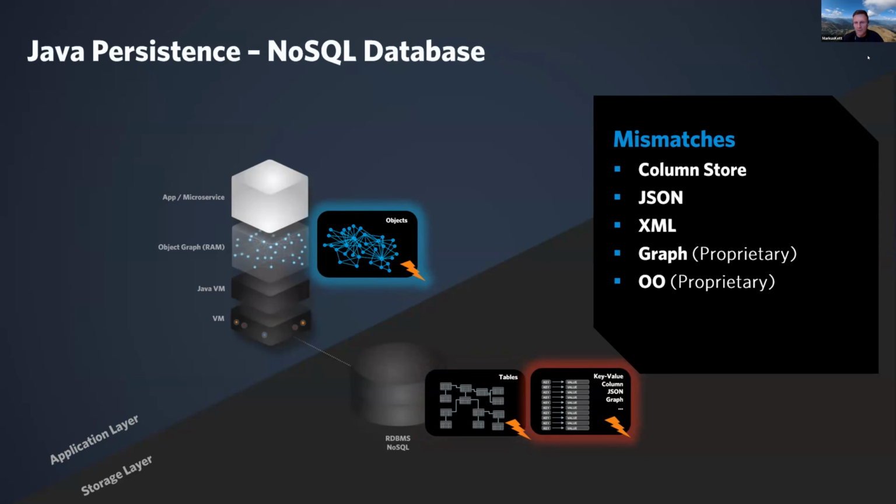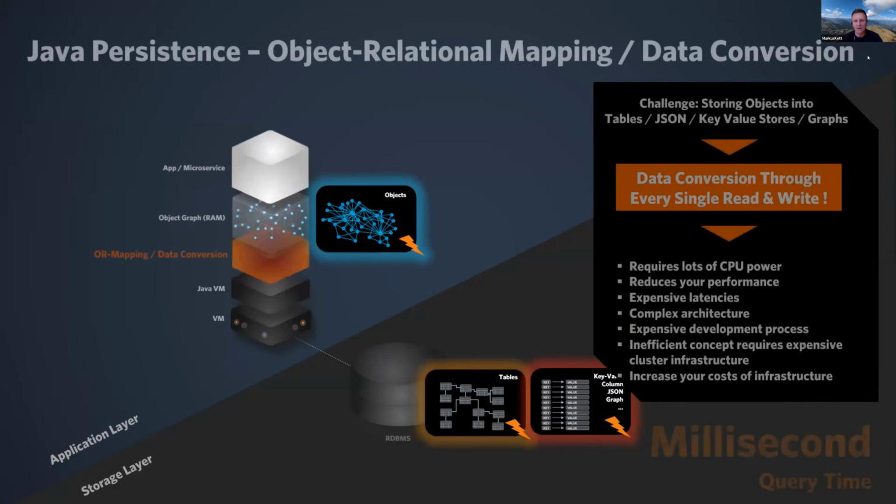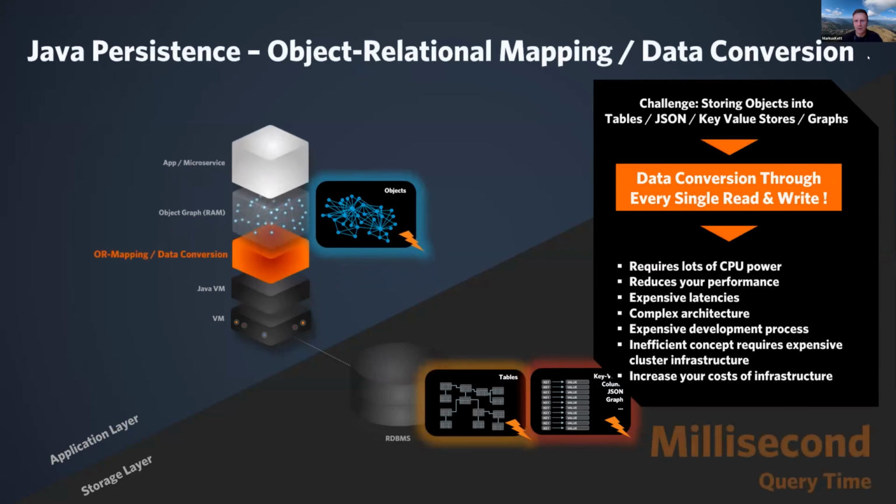And now we have the vector databases. And all of these databases are also incompatible with the Java object model. So in practice, we need a kind of mapping in between, or a data conversion under the hood, through actually every single read and write, to be able to transform our Java object into something we can store in a database.